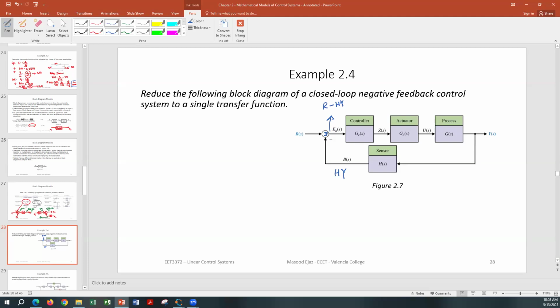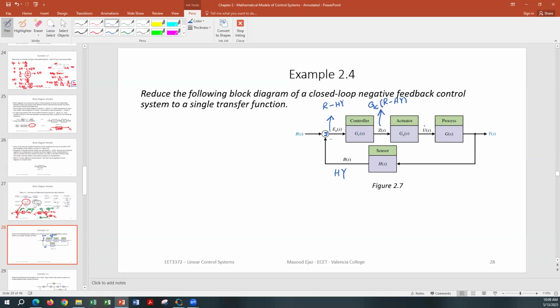This signal is going to pass through the controller with the gain GC(s), and Z(s) is the output of the controller. So what will be Z(s)? It's going to be GC, the controller gain, times the signal that is coming in, which is R minus HY. Again, it's going to pass through the actuator with the gain GA(s).